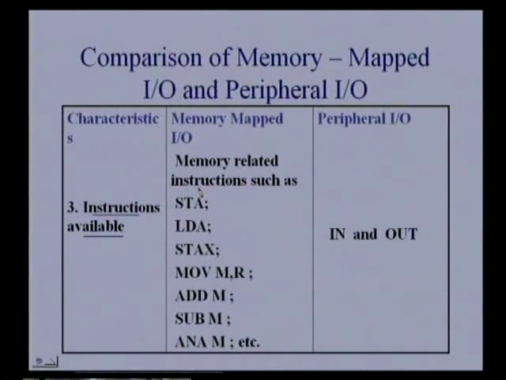All memory related instructions are used, such as store accumulator STA, load accumulator LDA, stacks, move R to M, add M, subtract M, and accumulator M, etc. What we can observe here is, we can not only do data transfer, but we can also do some arithmetic operations, because we are using memory related instructions. Whereas in peripheral IO, we are using only two instructions, IN and OUT.